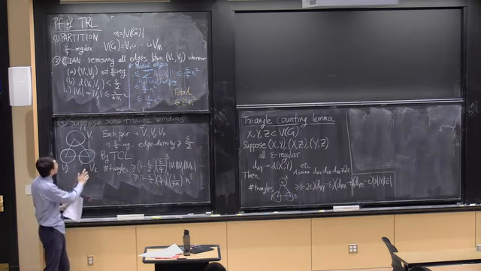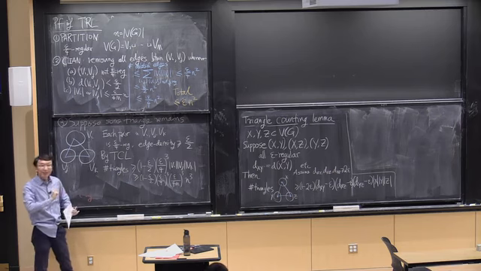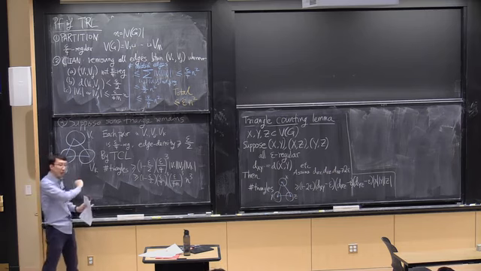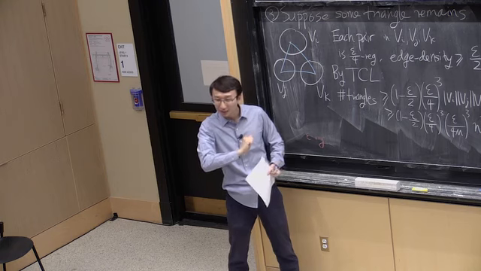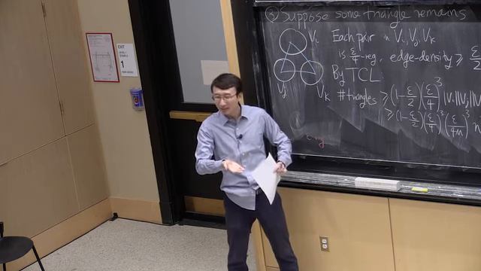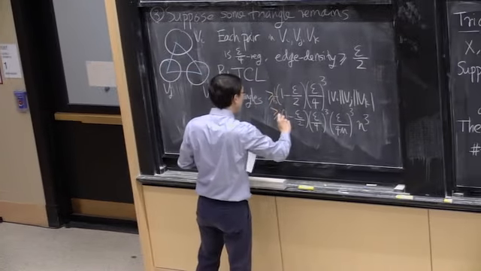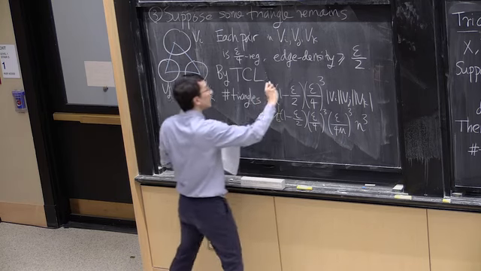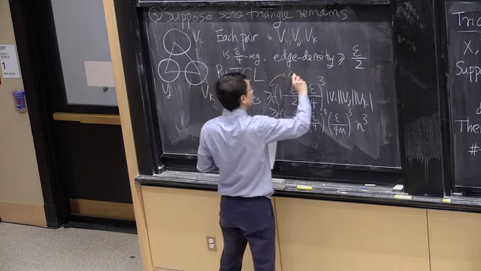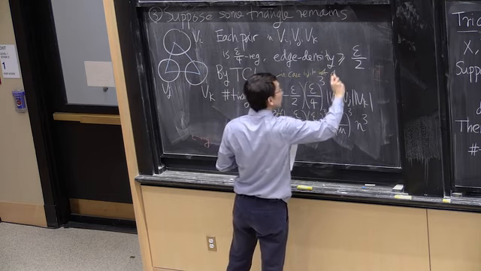Just in case i, j, and k happen to be the same, or two of them happen to be the same, I might overcount the number of triangles a little bit. But at most you overcount by a factor of 6. So that's okay. If you're worried about that, put a 1 over 6 factor in, just in case i, j, k are not distinct.